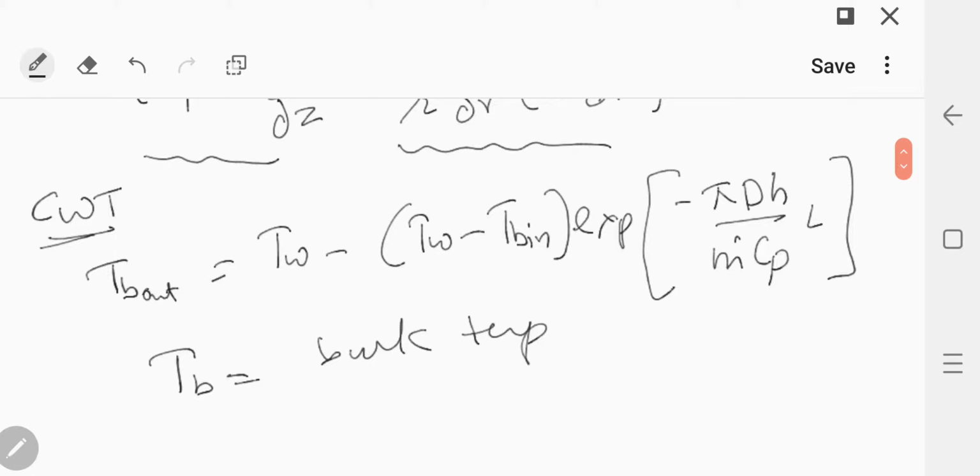So this was the temperature profile which we determined, and we also studied that this varies exponentially along the length of the pipe.